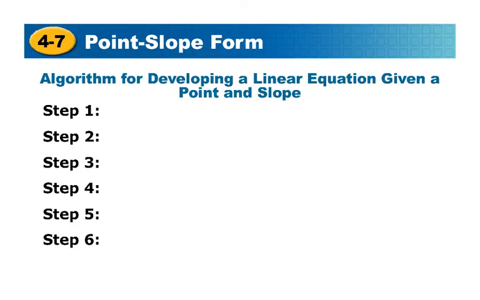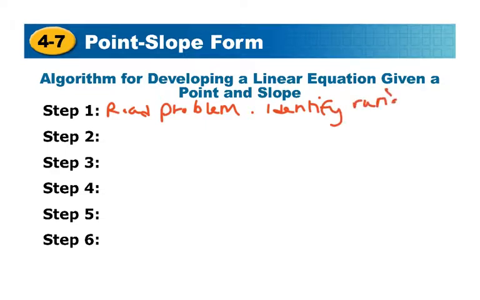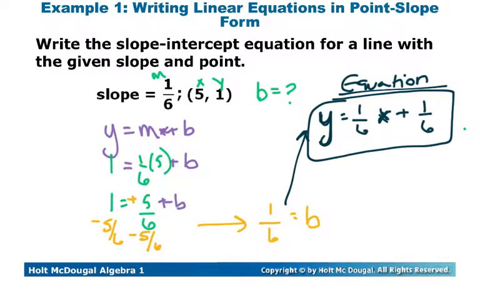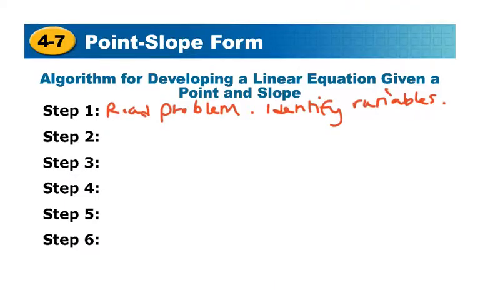Alright, so here is a step-by-step of this to make sure that we are all there. Our first step is to read the problem and identify the numbers to plug in. So, read the problem, identify variables. As we take a look at our previous one, you'll notice that I put my little m there and my x and my y, and I said that b we didn't know.